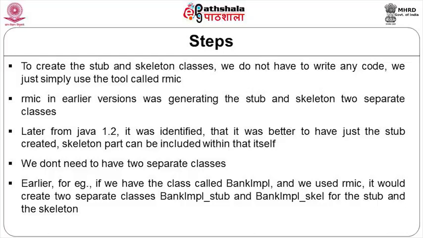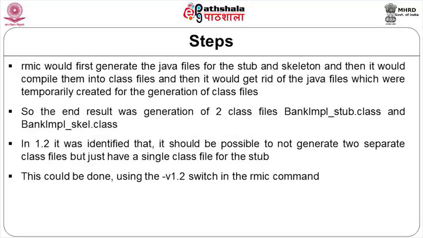So earlier, for example, if we had this class called BankImpl and we ran RMIC, it would use the class file for BankImpl and derive two separate class files from it. It would actually generate the Java files first, then compile them to get the class files, and then get rid of the Java files which were temporarily created for the generation.